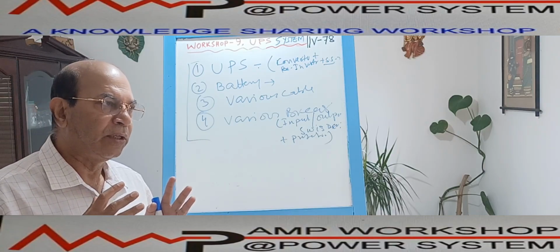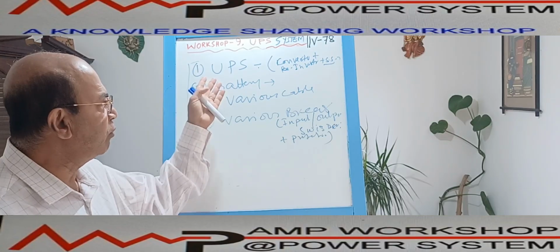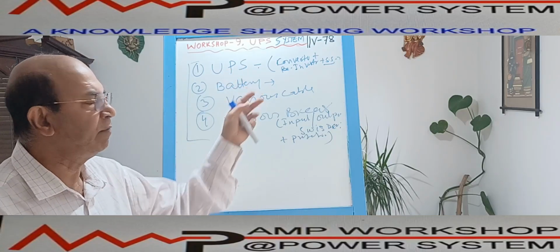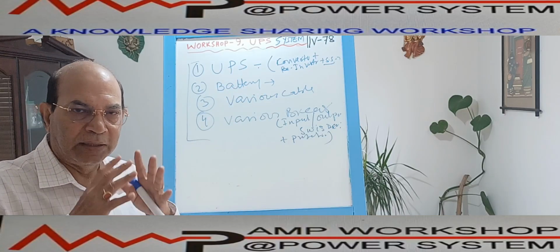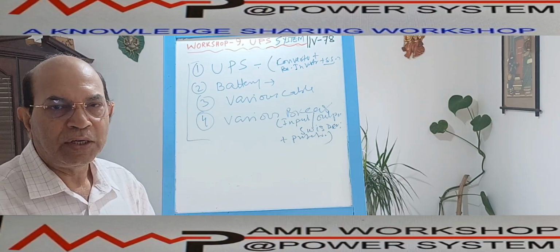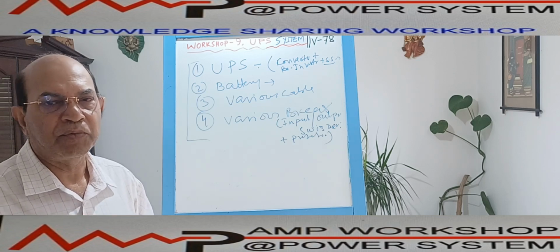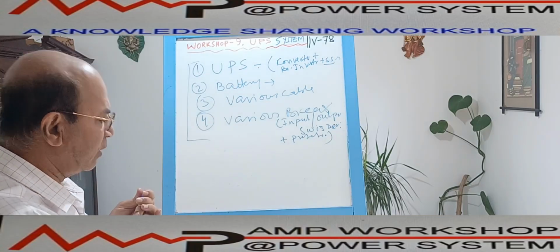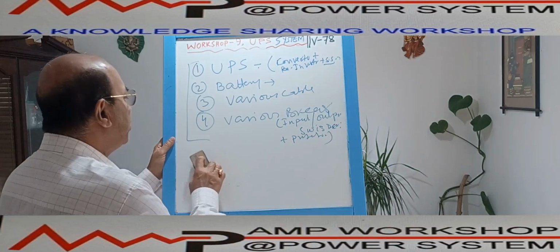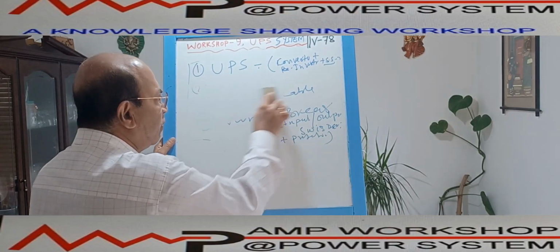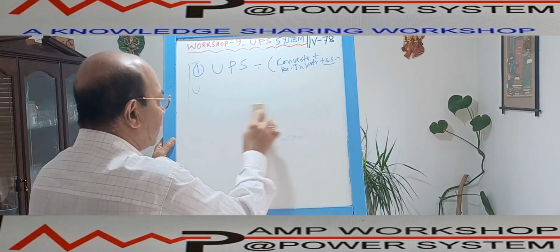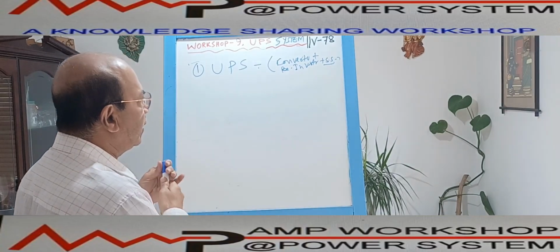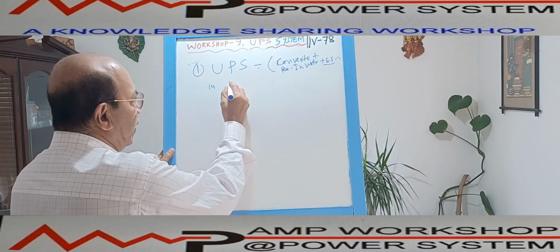That's why, in the UPS system sizing, the first part, the UPS itself, that is the rectifier, converter, and static switch, is also rated in terms of kVA and voltage. So the first sizing calculation is decided in terms of kVA.